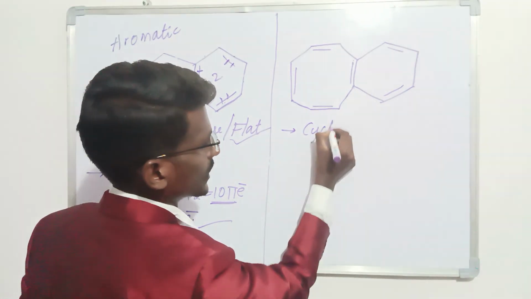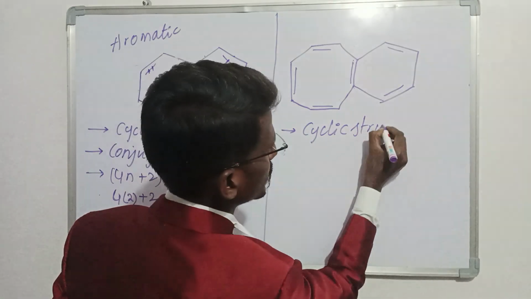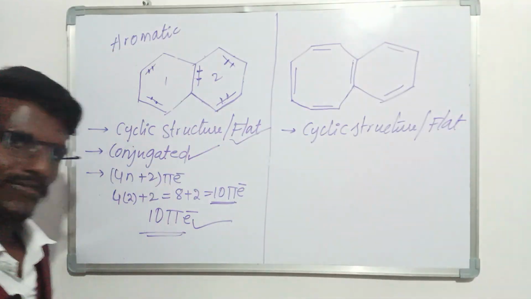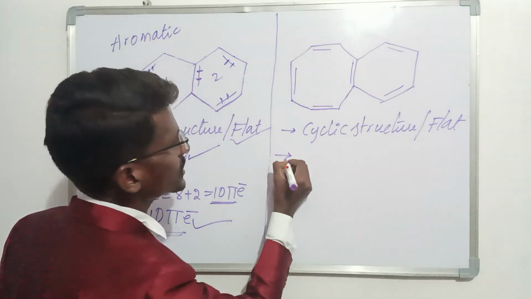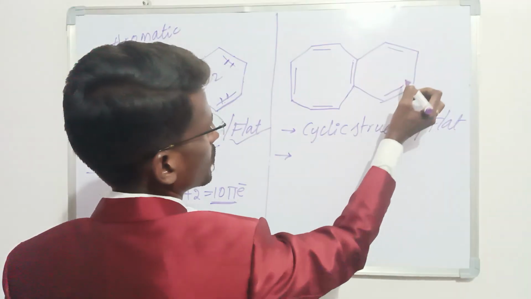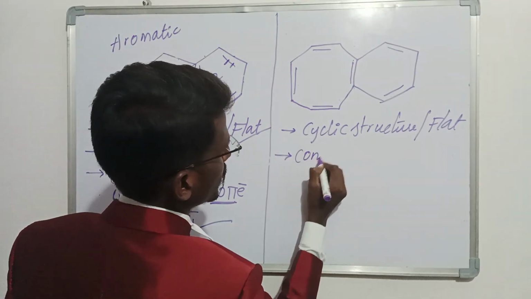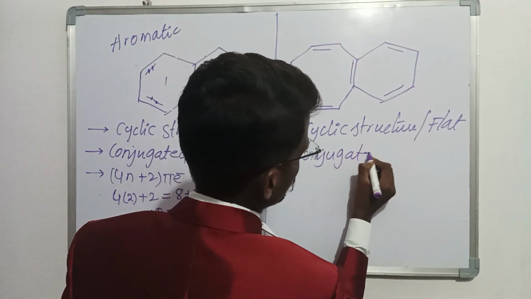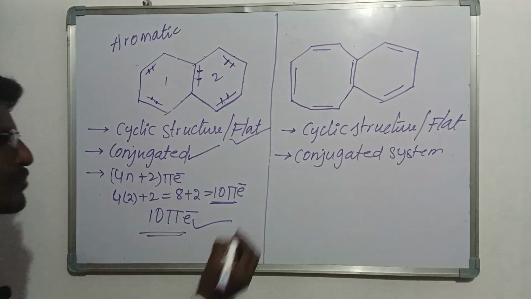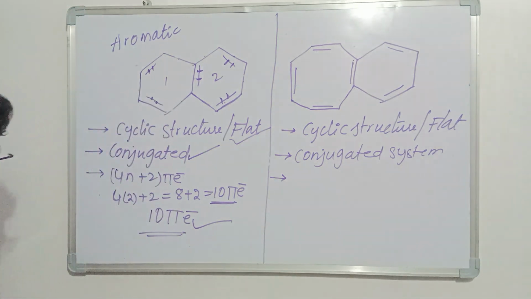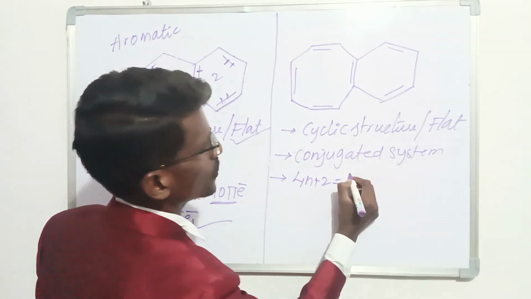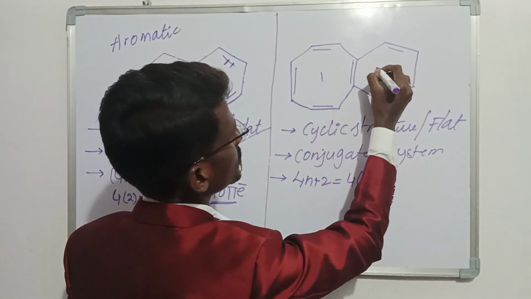Then coming to this structure, it has a cyclic structure, it is flat in nature, and it has double bond, single bond, double bond, single bond, double bond, single bond, double bond, single bond, double bond, single bond, double bond. So it has a conjugated system. Then it must satisfy Huckel's rule. As per Huckel's rule, 4n plus 2, how many rings are there? 2.